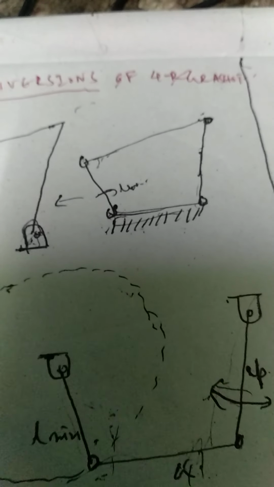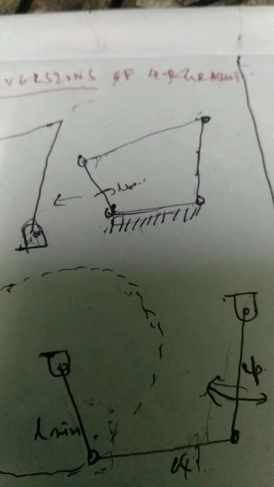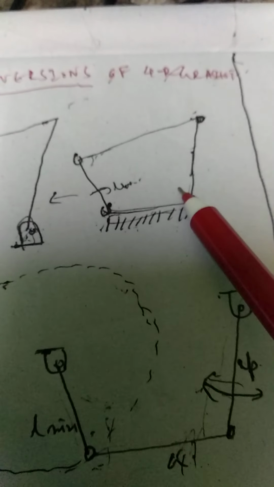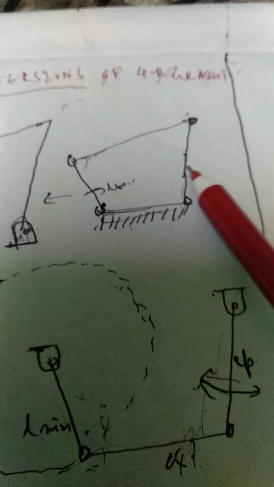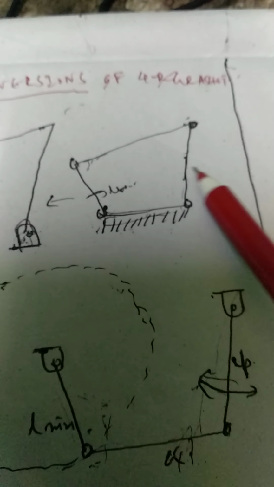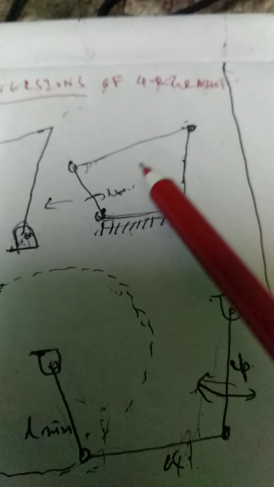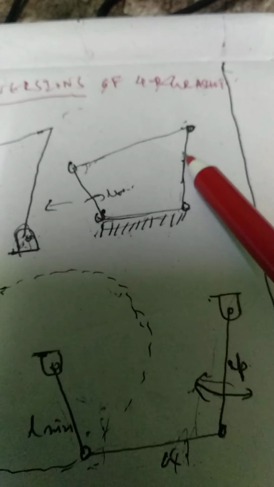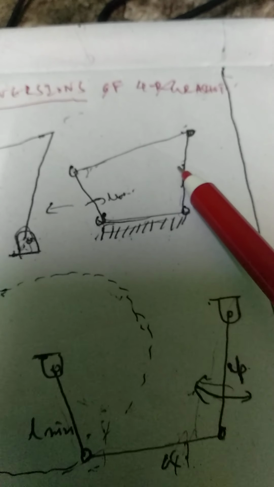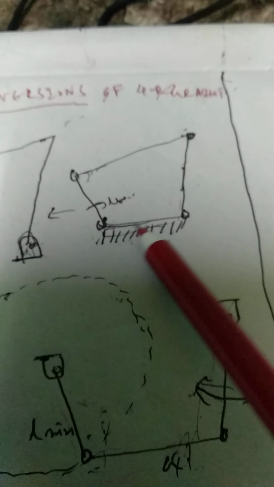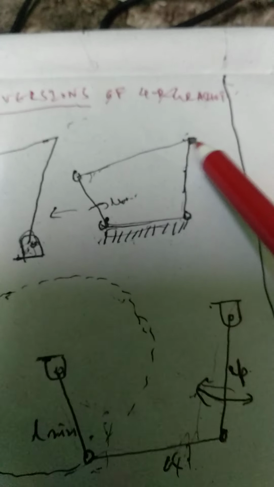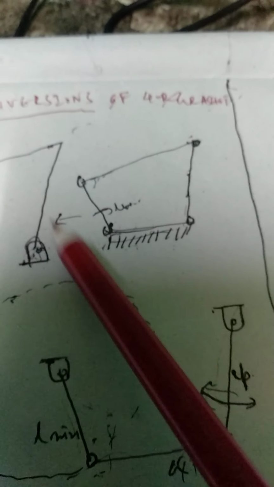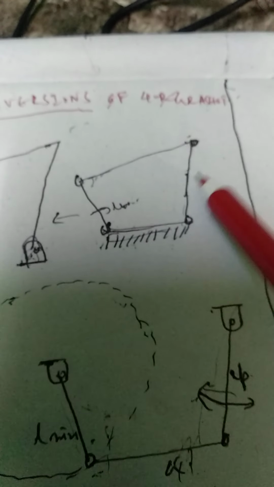One of them is that this rocker cannot cross the line of frame. What is the line of frame? This is the line of frame. When this link rocks, it cannot cross this line of frame.